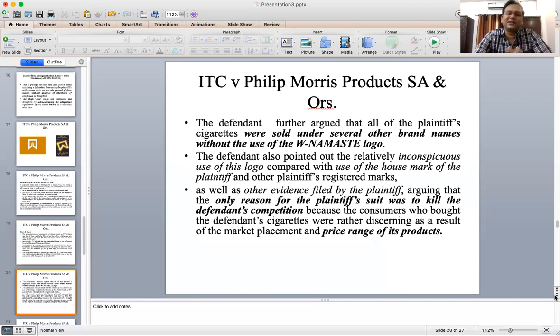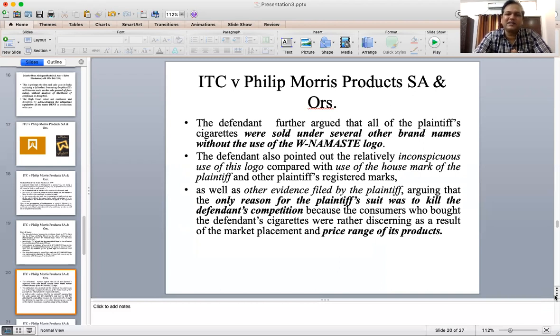The first contention of the defendant was that though they have registered some goods which may fall under cigarettes, ITC was not using this very mark in relation to those cigarettes.